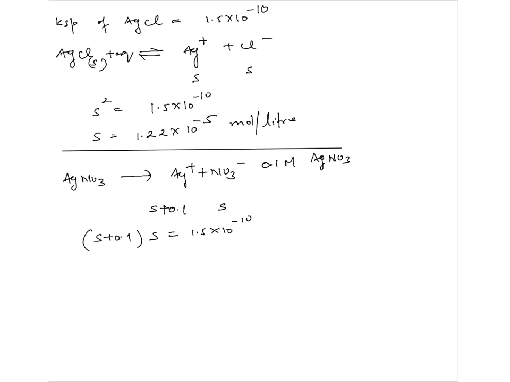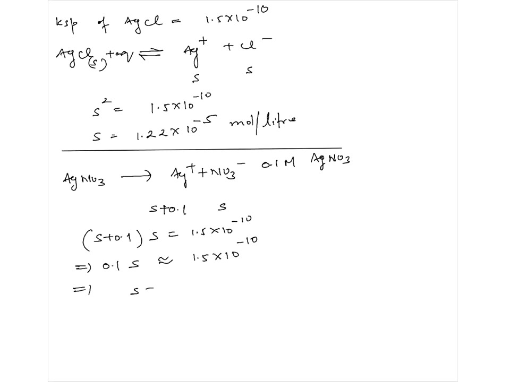So doesn't it make good sense to neglect S with respect to 0.1, 10 to the power minus 5, that is supposed to be better because there was no other common ion. Our answer now should be less than the previous answer. Neglecting S with respect to 0.1, so 0.1 S is approximately equal to KSP, but it should be a very good approximation.